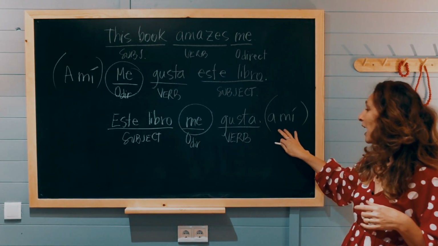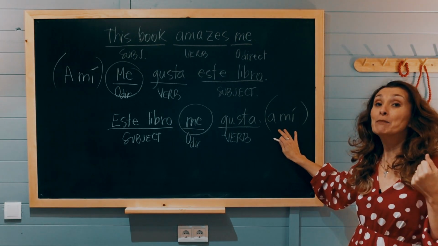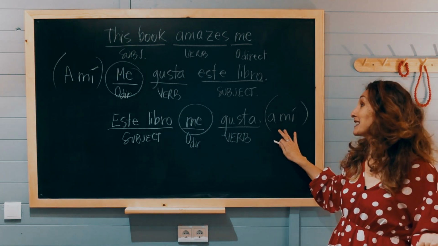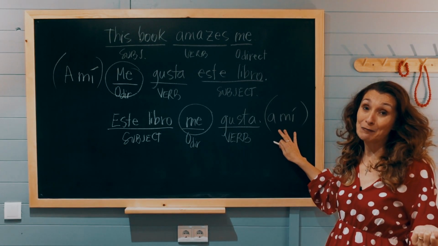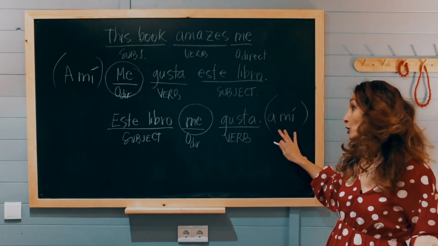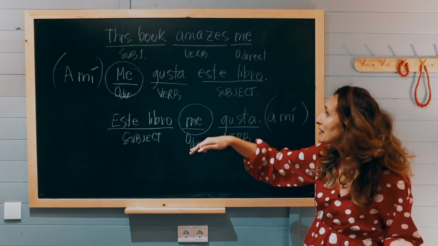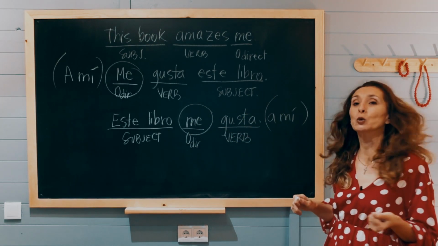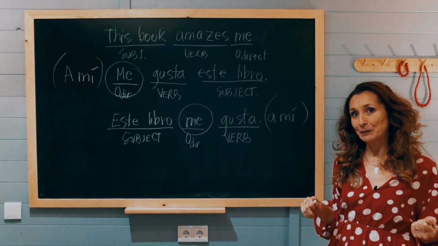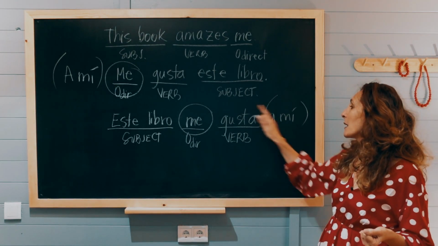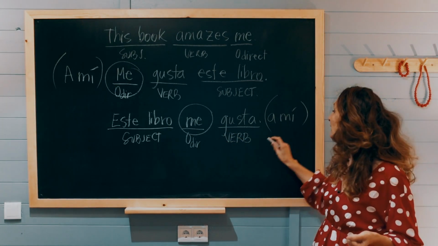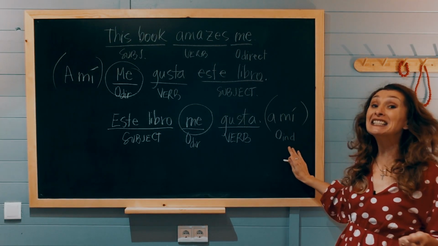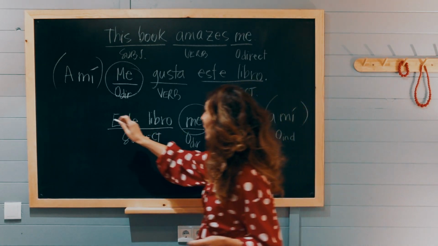And that's why a mí is in parentheses, but the Spanish, for some reason, do like to say it twice, and you will hear them say it twice a lot, okay? So, a mí me gusta este libro, or este libro me gusta a mí. So, a mí is me repeated again, except that here it's an indirect object, okay?